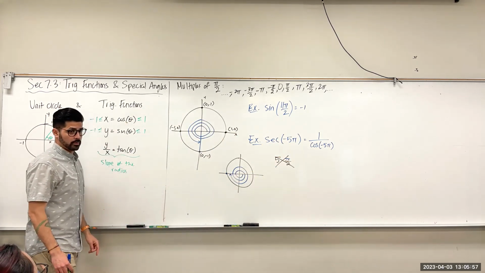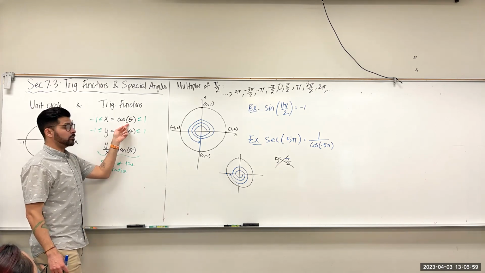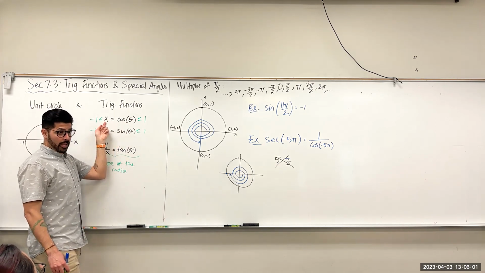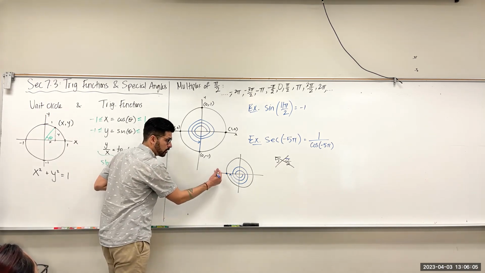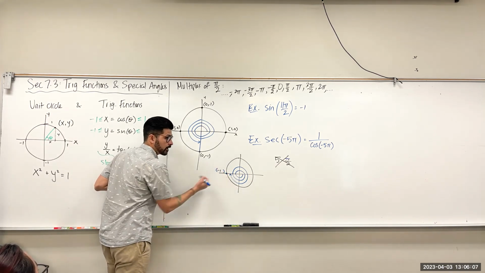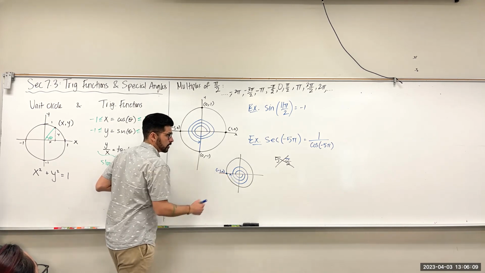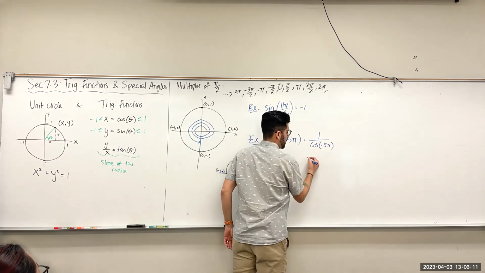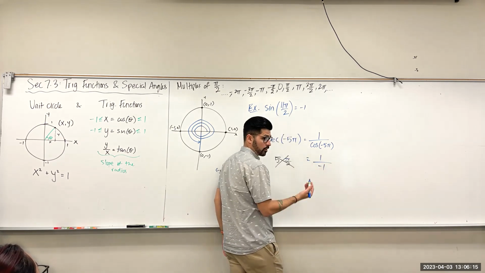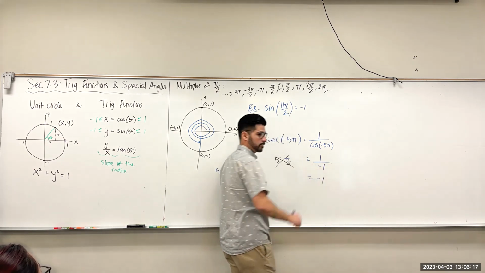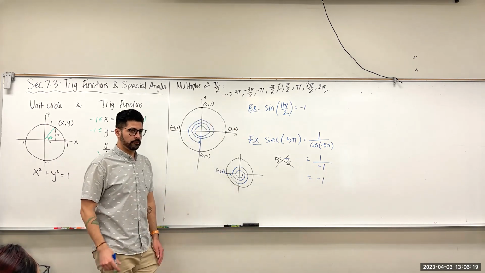Cosine is supposed to be the x coordinate. What is the x coordinate of this point on the unit circle? Negative 1. So it'd be 1 over negative 1, which is negative 1.